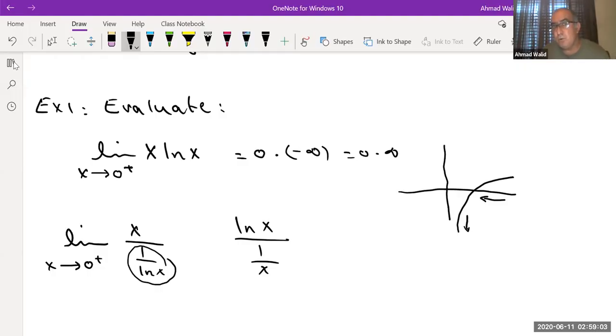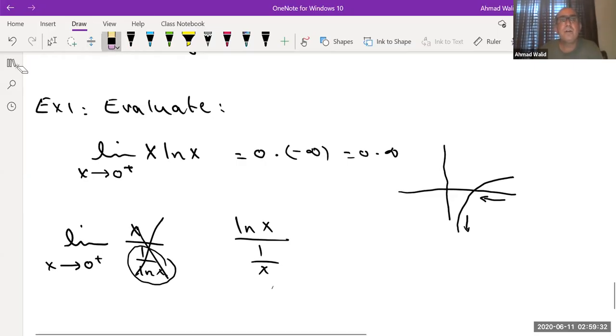But if you go for ln x over 1 over x, you know immediately the derivative of ln x, and it's easy to find the derivative of 1 over x. It's up to you to decide which one you send to the denominator so that it will still be easy to find the derivative, correct?